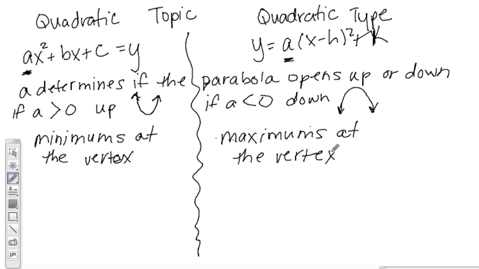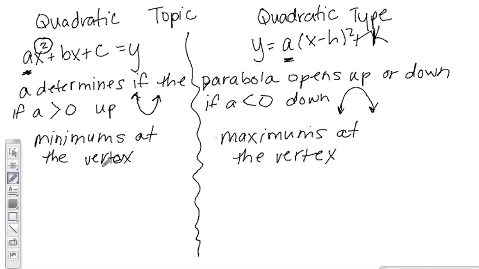So as you can tell, the vertex is critically important when you are dealing with quadratic types of equations. What constitutes a quadratic? The x squared is the x term, the x variable, the highest power is 2. Okay? That is what constitutes a quadratic.